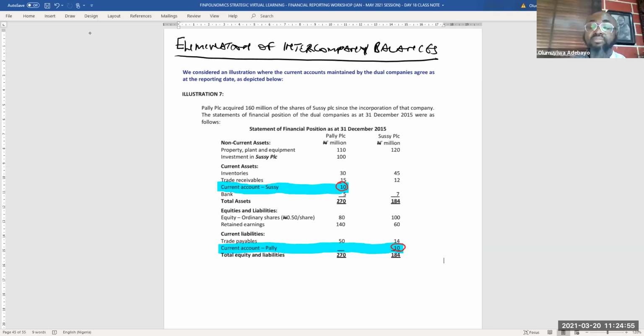The question is, what implication does this bring when we are to consolidate? What we need to do at this point is to eliminate, which means you cancel this against this. I said this is on the assumption that this 10 and this 10 are the same, which is the case here. Now, how do we do that?